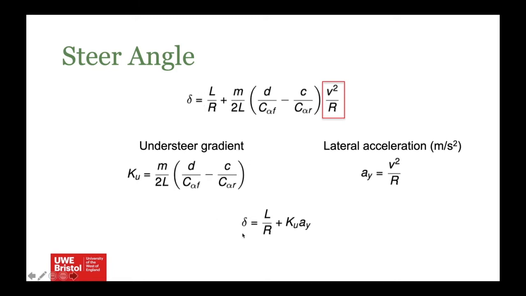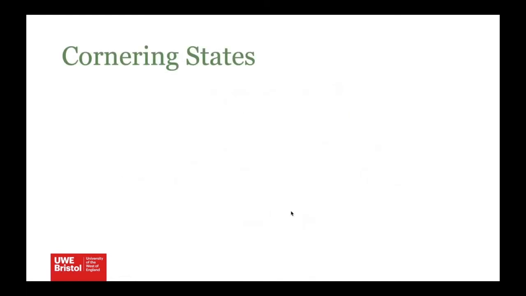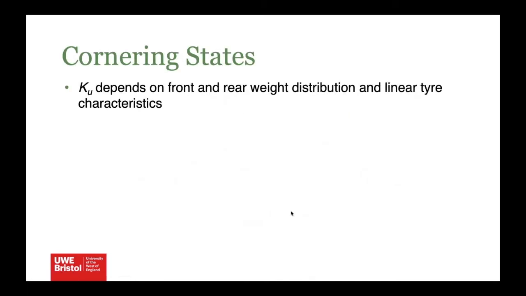Now, when we're thinking about this, we can talk about some vehicle characteristics of the way the vehicle goes around the corner, and that depends upon the value of the understeer gradient. We'll talk about three different states: neutral steering, oversteer and understeer.